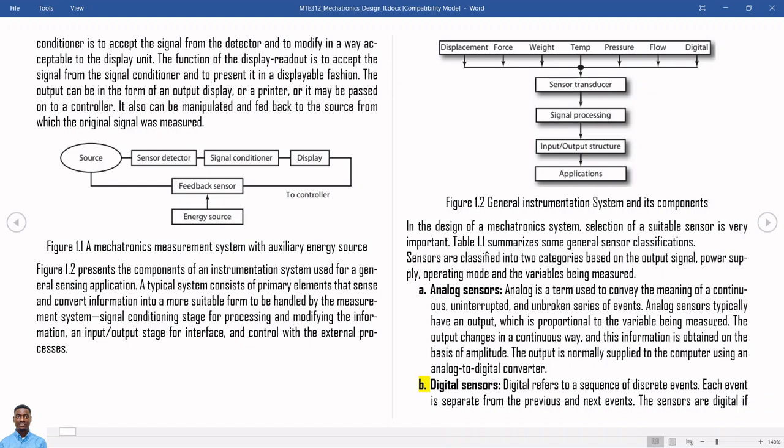Any change in the variable being measured is equally proportional to the change in the output presented by the analog sensor.